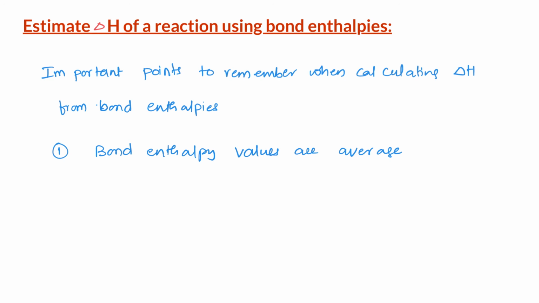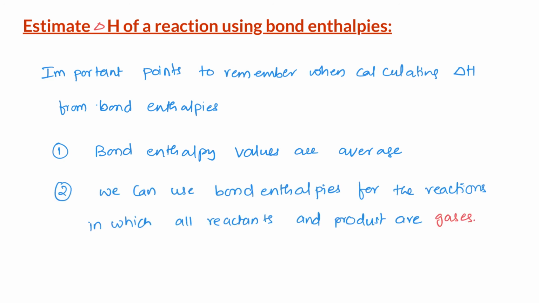It is not a true value. 2. We can only use the bond enthalpies if all the reactants and products of the reaction are gases. The reason is, by definition, bond enthalpies are given assuming both the reactants and products are in the gaseous phase.